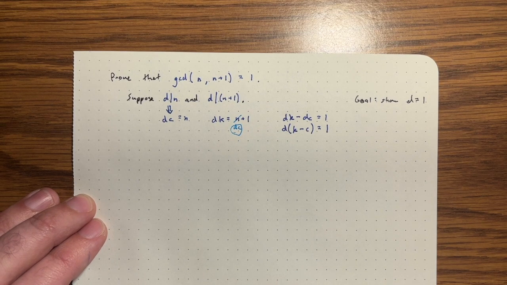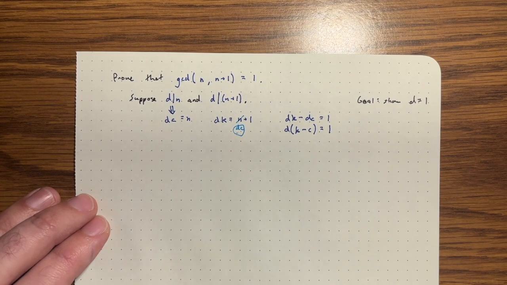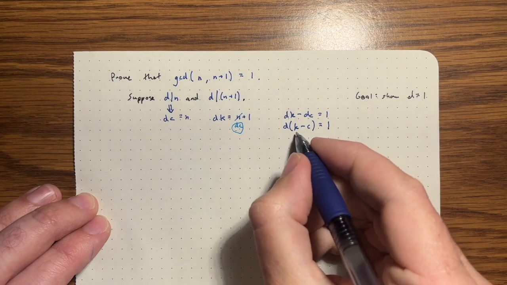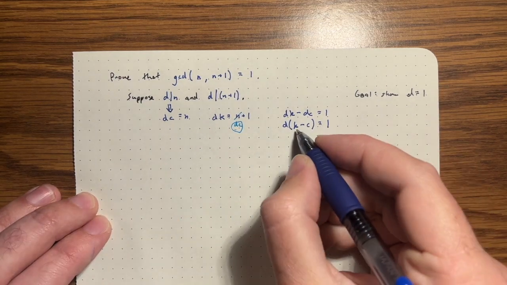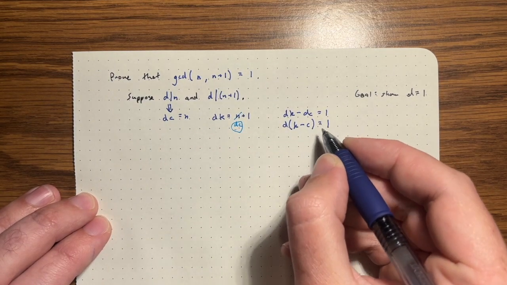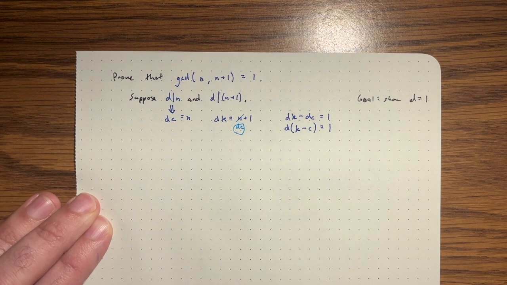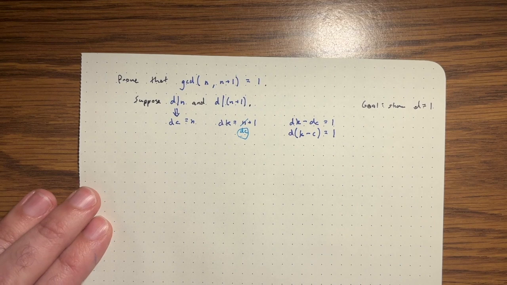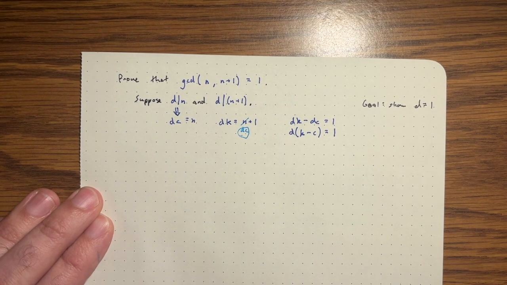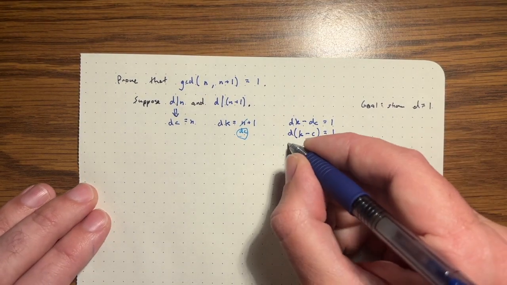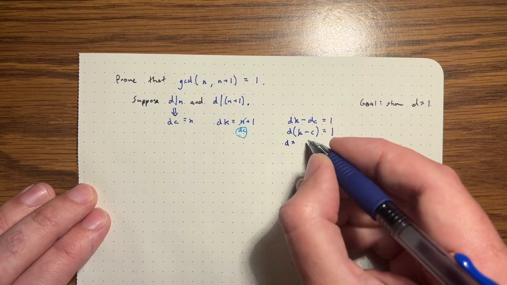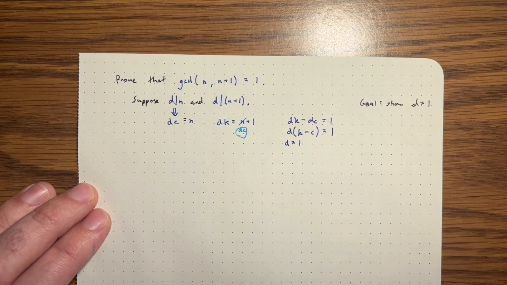We've got D, which is an integer, and K and C are integers. We have a product of integers equaling 1. That's awfully strange. So what does that actually mean? Well, it means D has to be 1.